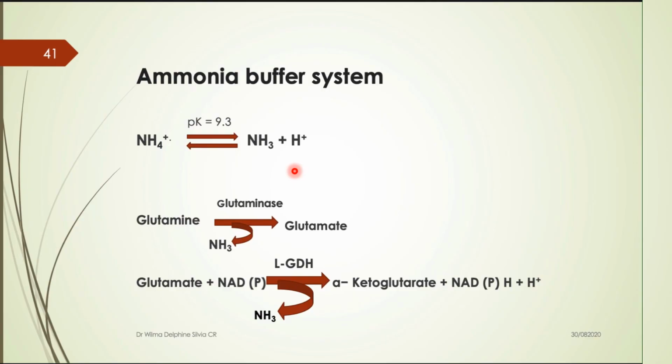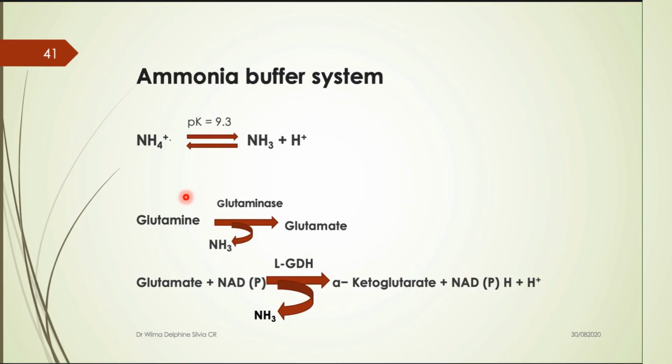Ammonia is a highly effective buffer for secreted hydrogen ions because the ammonia is synthesized in the epithelial cells of the proximal tubule and distal nephron and secreted into the tubular fluid. Approximately 60% of ammonia is obtained from glutamine. So the glutaminase acts on glutamine. The ammonia molecule is released from this, and the glutamate which is formed from glutamine again undergoes reaction in the presence of L-glutamate dehydrogenase to release ammonia.